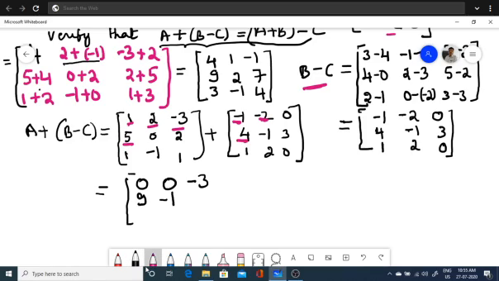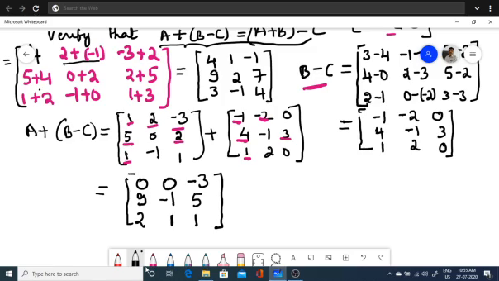The corresponding element of 2 here is 3 here, so 2 plus 3 is 5. Then the corresponding element of 1 here is 1, so 1 plus 1 is 2, minus 1 plus 2 is plus 1 and 1 plus 0 is 1. So we are getting the matrix containing the elements 0, 0, minus 3, 9, minus 1, 5, 2, 1, 1.